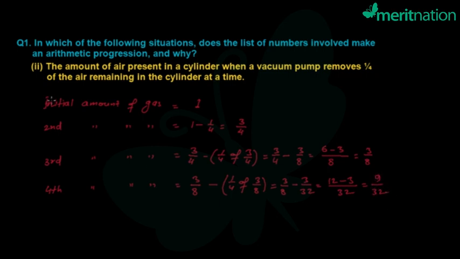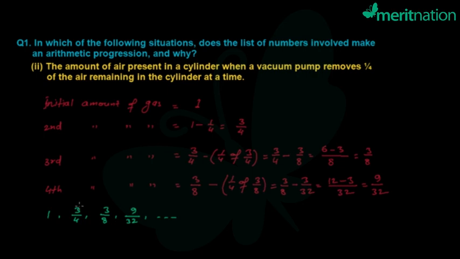Well, we have found 4 terms of this series: first term, second term, third term, and fourth term. These 4 terms are sufficient to check if they are forming an AP or not. 1 is the first term, 3 by 4 is the second term, then 3 by 8, and then 9 by 32, and so on.